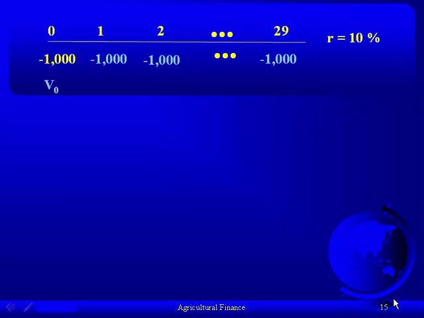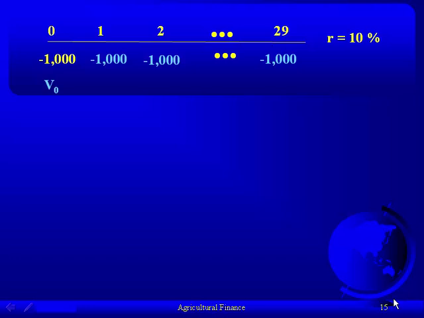Now, if you notice here on the slide where I've highlighted the numbers in blue, we can restate this to say that there are 29 end of period cash flows of $1,000. Notice that the first payment, the first $1,000, is not highlighted. We're going to handle it separately.